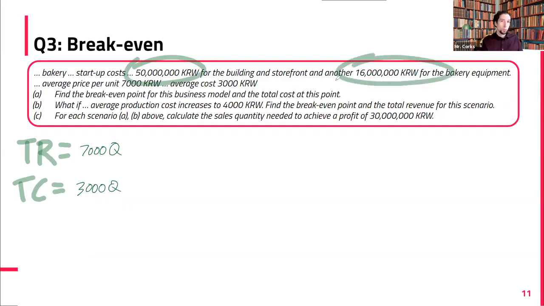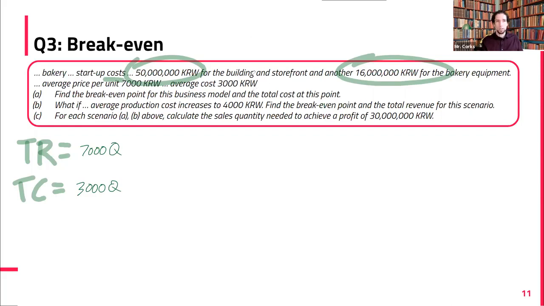So to know that, you have to read the question, and it says that these are costs, but what kind of costs are they? Are they variable costs or fixed costs? Well, it tells us 50 million. First of all, if it's 50 million as a variable cost, like for each loaf of bread you have to pay 50 million, that sounds wrong, intuitively.